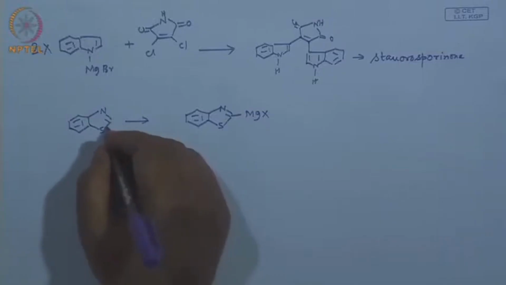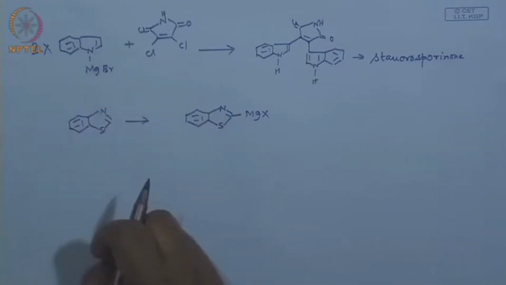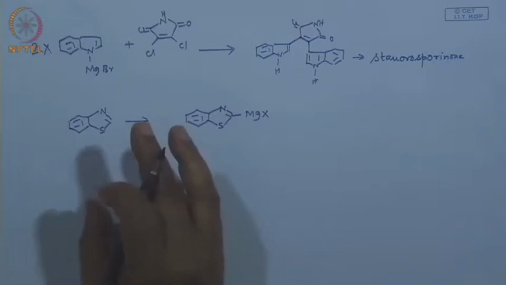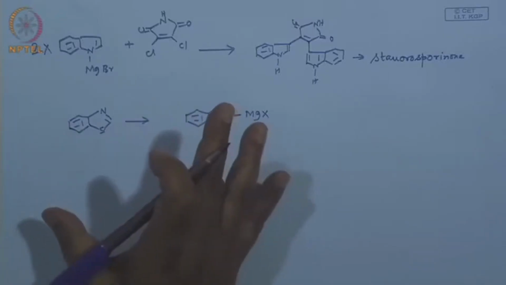That is important. And what procedure would you adopt? I have already said that for generation of organomagnesium, there are deprotonations, halogen exchange and transmetallations.